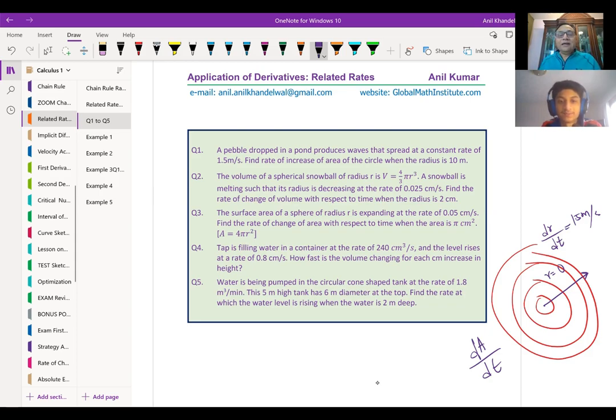dH/dt. And when we say filling, it means volume is given to you. Even the unit centimeter cube tells you dV/dt. So in these questions, you have to look at the unit and see what the parameter is. So volume, because it is centimeter cube per second, is dV/dt. So we have given you change in volume, because of the volume of water filling in the container, and change in height, which is linear, meaning centimeter per second.